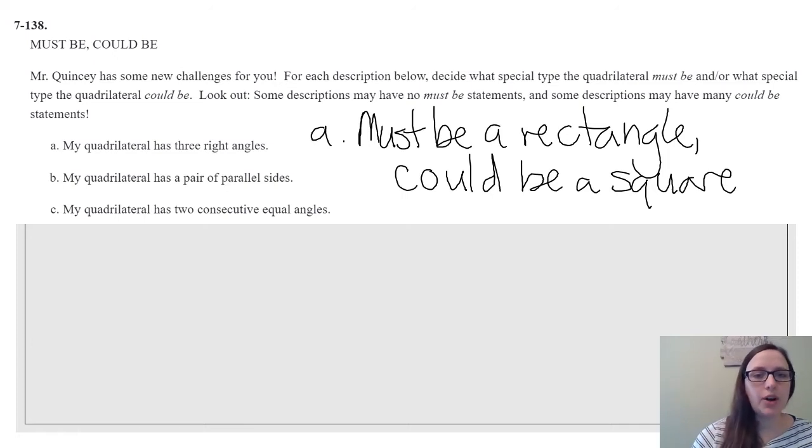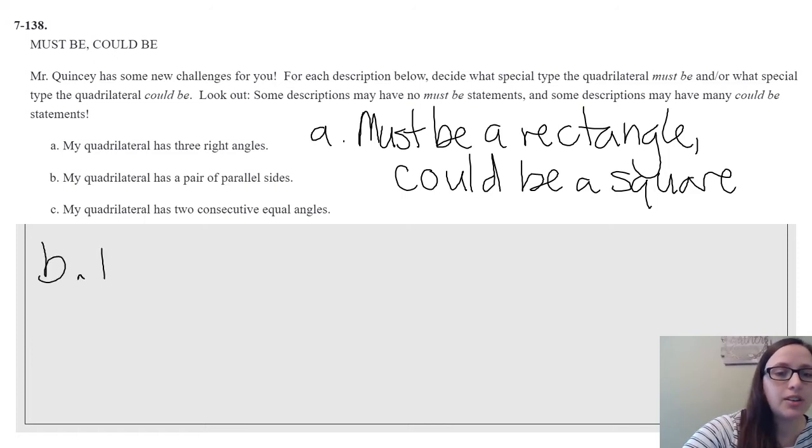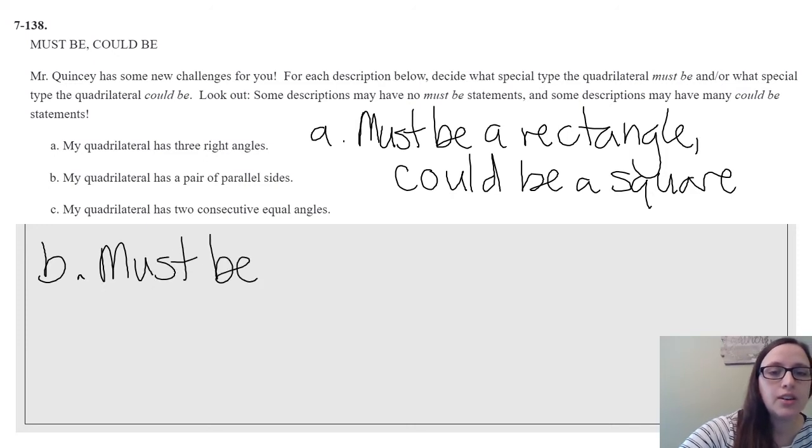All right, and then in part B, my quadrilateral has a pair of parallel sides. So I always think parallelogram when I hear parallel sides. The shapes that are also parallelograms are a rhombus, a rectangle, and a square. So for part B, it must be a parallelogram.